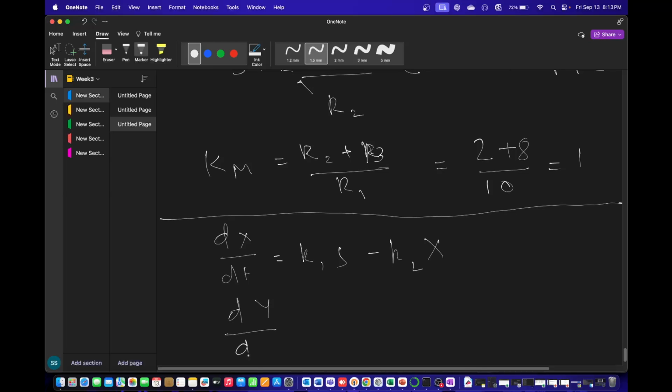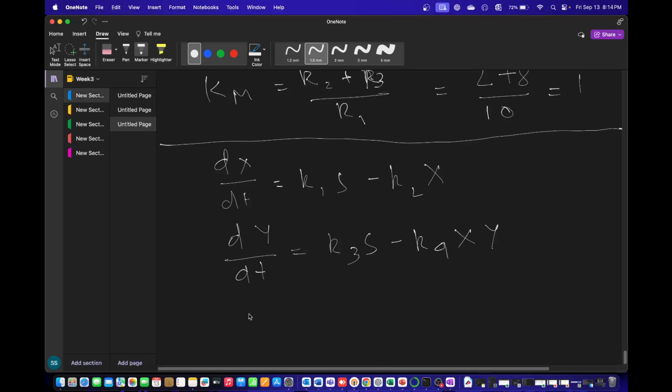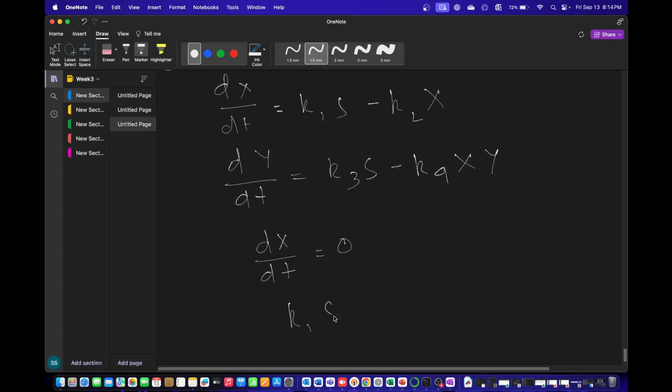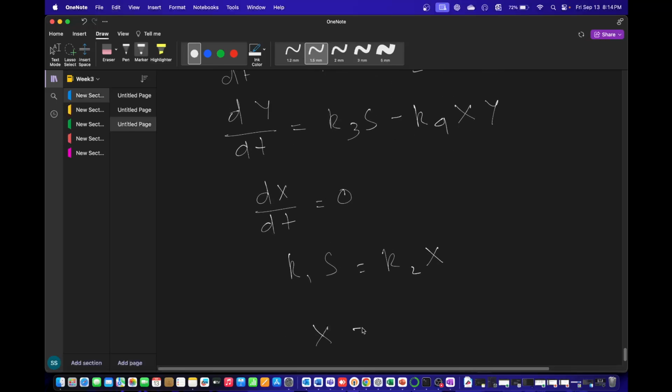Now at steady state both of them are equal to 0. So first let's do dx/dt equal to 0, which brings k1s equal to k2x. So x becomes k1 by k2 into s.